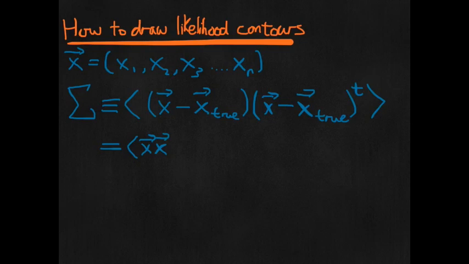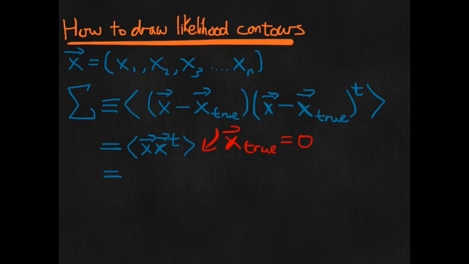And in that case, the covariance matrix is just the outer product of x with itself. And just, again, to be absolutely clear, to go from here to here, all I've done is to say that I'm choosing to center my coordinates so that x true is equal to 0.